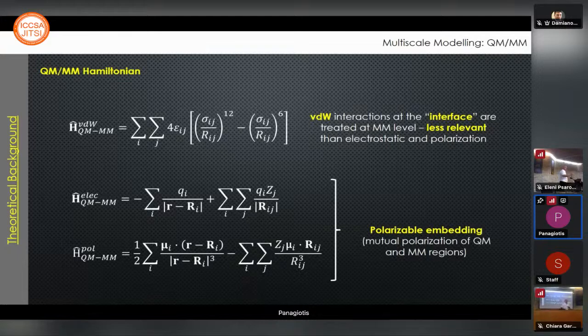This is more accurate, but also much more computationally demanding because the process of obtaining these charges is a self-consistent process where the charges of the classical region polarize the QM region, and then this polarization is transmitted back to the MM region until convergence. So it's computationally expensive. That's why electrostatic embeddings are normally more frequently used than polarizable.